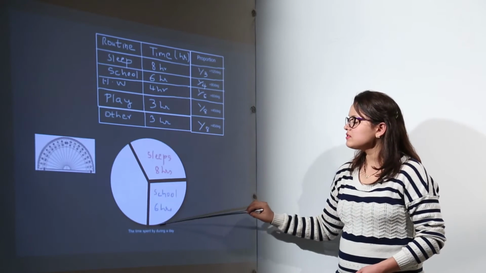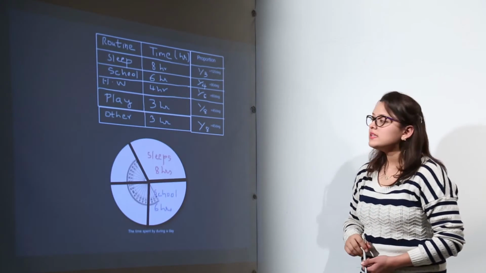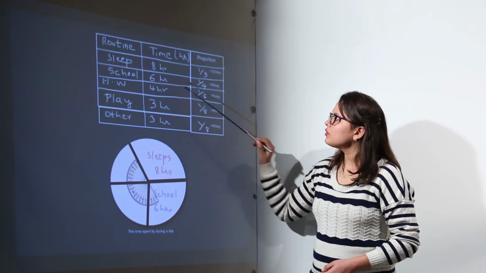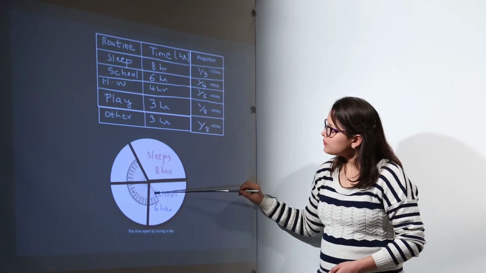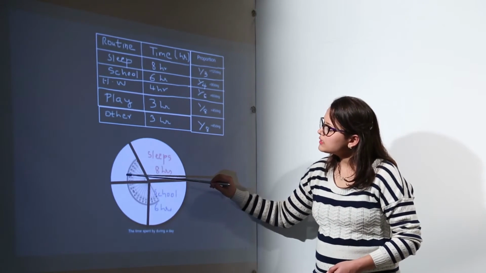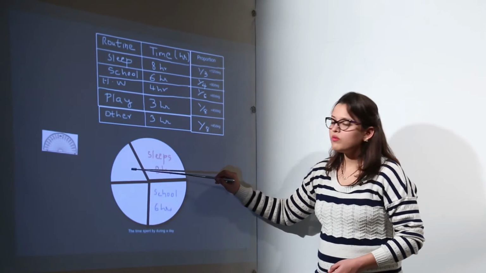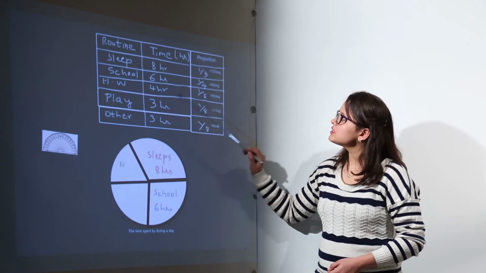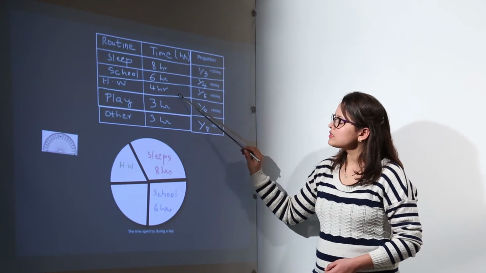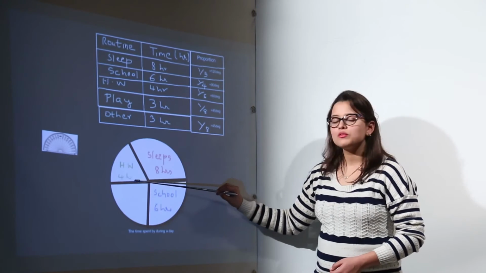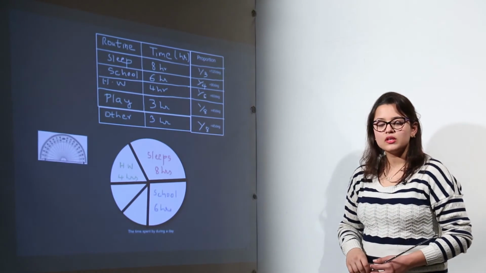So this sector is representing the time spent in school. Similarly, we will draw the next 60 degrees. We put the protractor over here, we mark the 60 degrees and join it. So we have got the homework activity time also, which is given to us as 4 hours. So we write down homework and 4 hours in that particular sector.